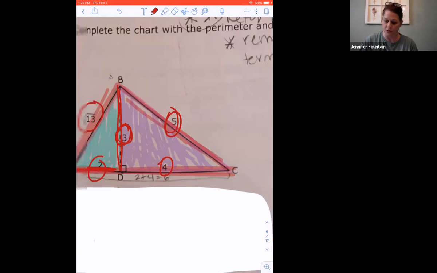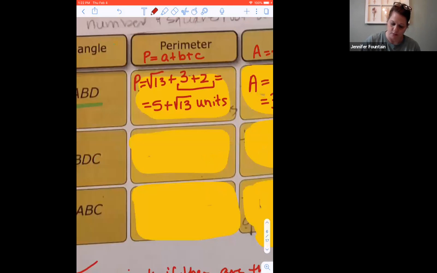Okay, so for perimeter equals 3 plus 4 plus 5. 3 plus 4 is 7. 7 plus 5 is 12. So that will be 12 units. Y'all good?